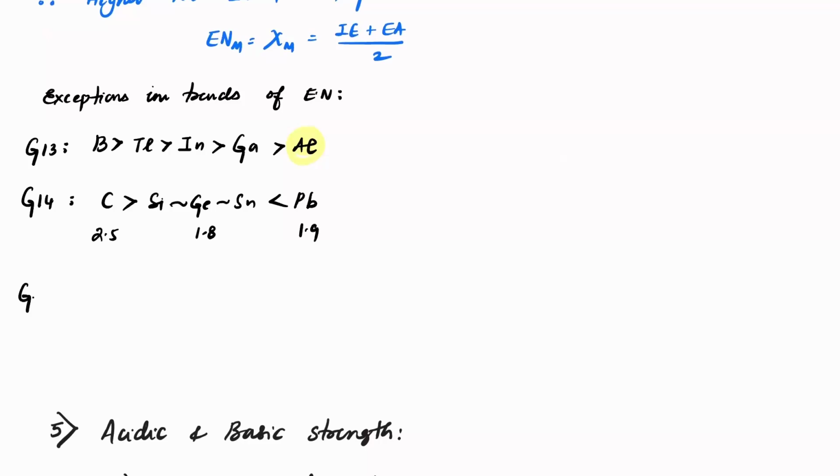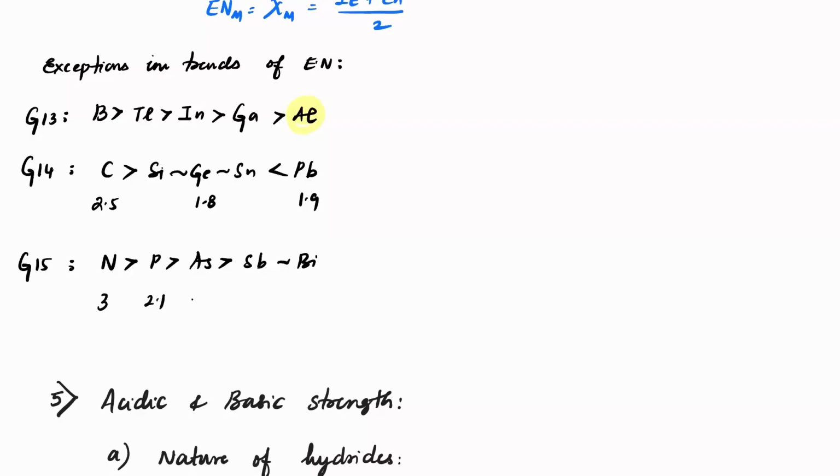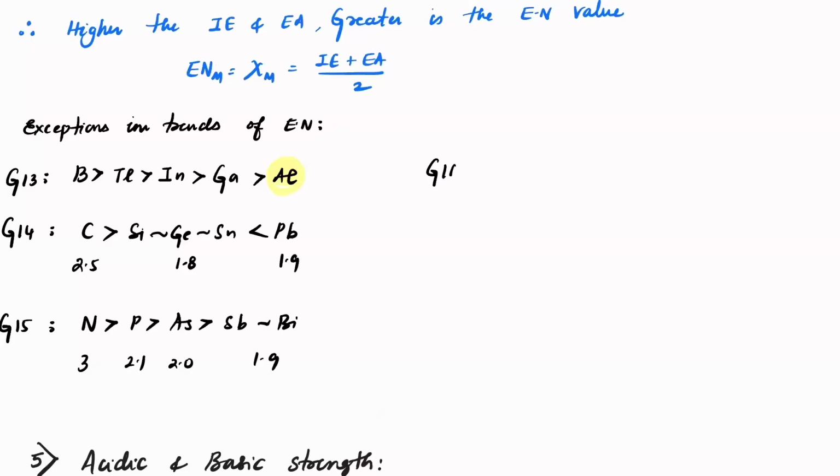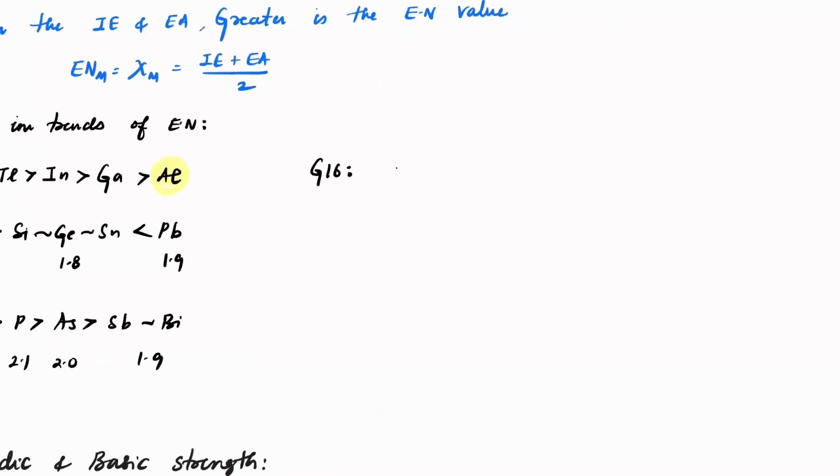Next, group 15. Nitrogen is greater than phosphorus, greater than arsenic. Antimony, bismuth would be almost the same. It is 3, 2.1, 2.0, and 1.9. So when it comes to group 16, oxygen greater than sulfur, selenium, tellurium, and polonium. So this is 3.5 going towards 2.5, 2.4, 2.1, 2.0.